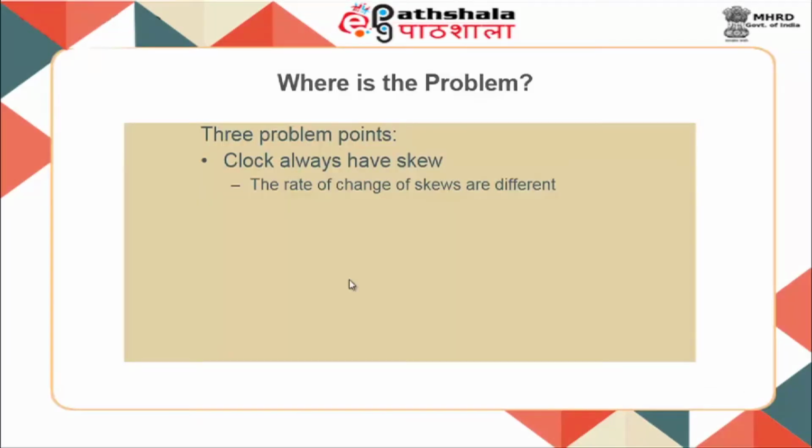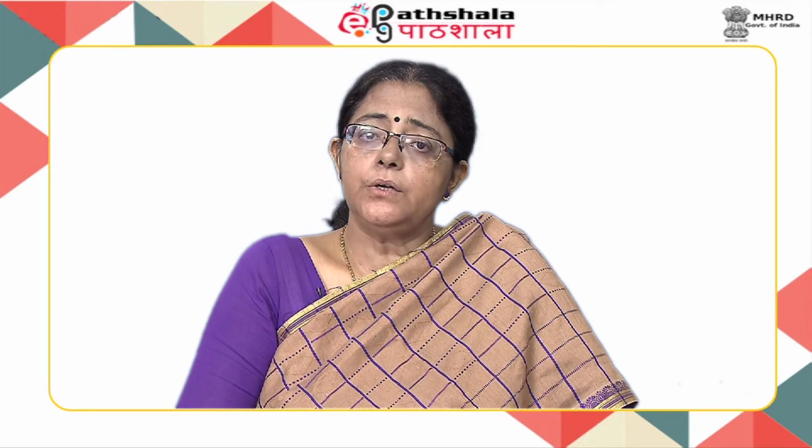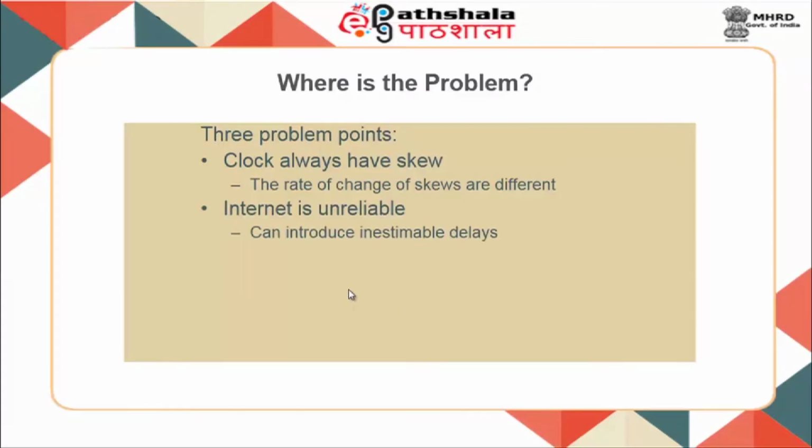And the rates of change, the drift that we are talking about, are not the same. Therefore, we cannot make an assumption that this clock is running faster or slower. It has to be checked. And all these distributed environments like cloud depend for their communication on the internet, and thereby on a networked environment.